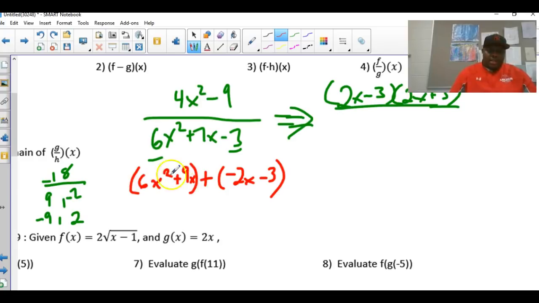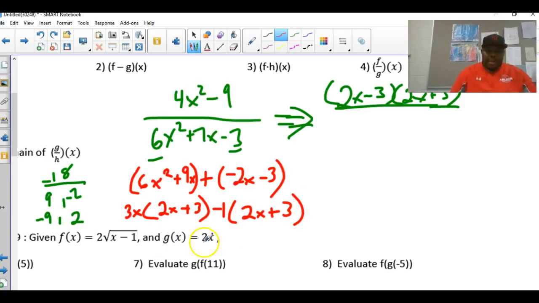Anyway, when I factor this side, I take out a 3x, and I'm left with 2x plus 3. And over here, I'm going to factor out a negative 1. So I'm left with 2x plus 3.